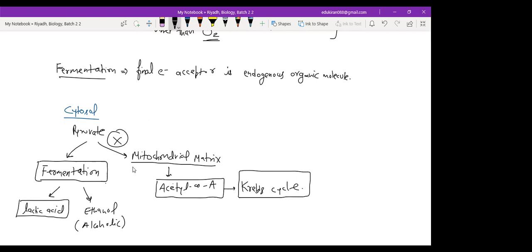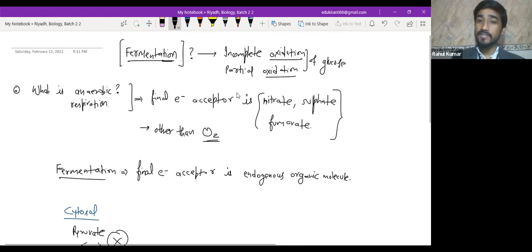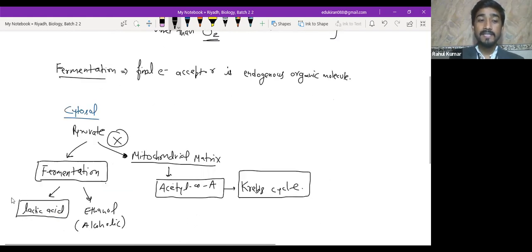Yes, sir. And that pain is because of the formation of lactic acid in the muscle cells. And that happens because lots of oxygen is not available. So whatever oxygen is available is used to at least partially oxidize glucose, and cells, instead of going through the aerobic pathway, start going into fermentation. Is it clear?